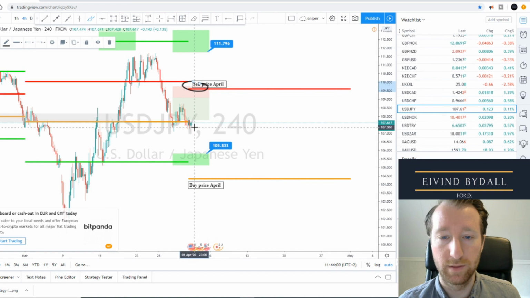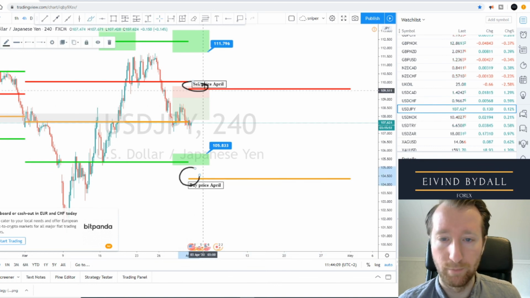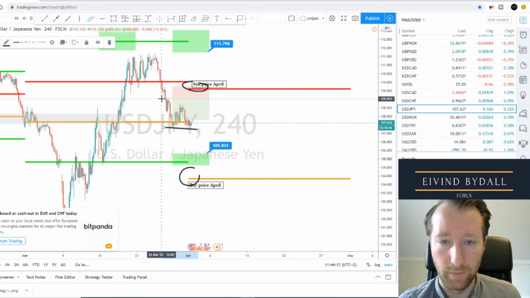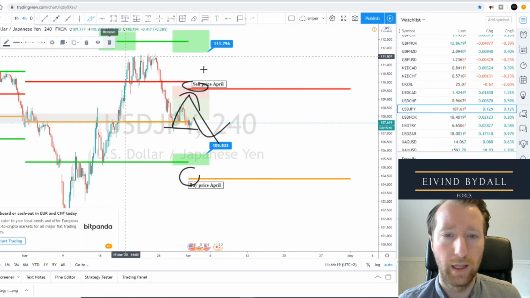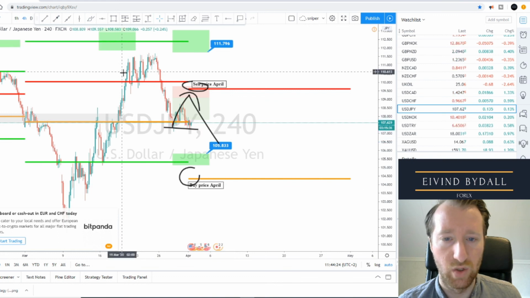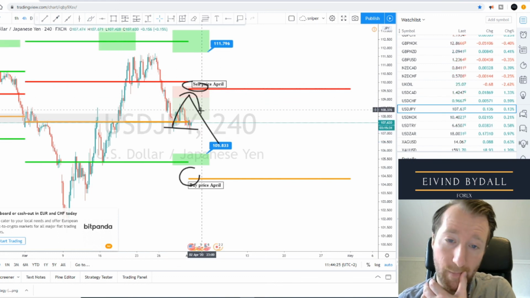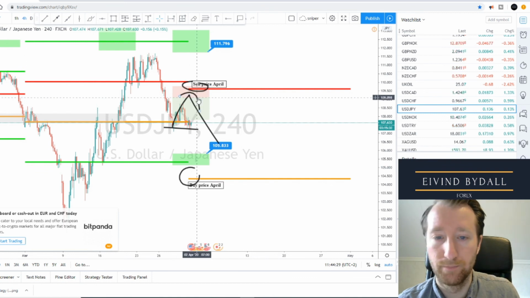The last pair, USD Yen: sell, buy, sell, buy. I want this price to come higher before selling, and I don't see that to be a good entry. I would have at least wanted it up to 109 to sell it.